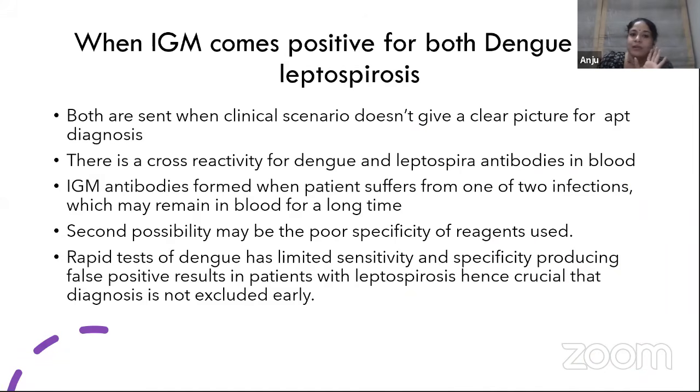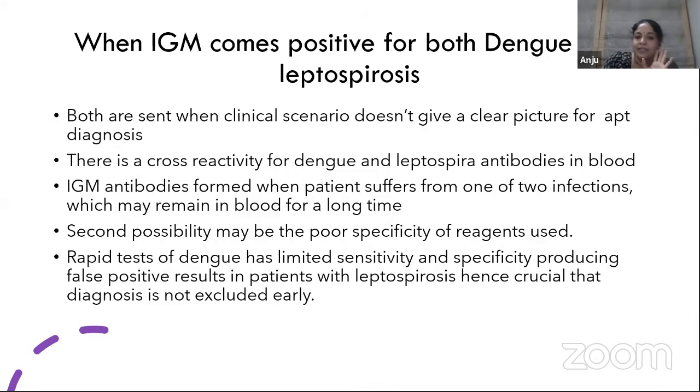Now, when IgM comes positive for dengue and leptospirosis, which we commonly see as both the tests are sent together in a clinical scenario where we cannot get a clear picture, it is found that there is a cross-reactivity for dengue and leptospira antibodies in blood, and the IgM antibodies formed when the patient suffers from one of the two infections may remain in blood for a long time.